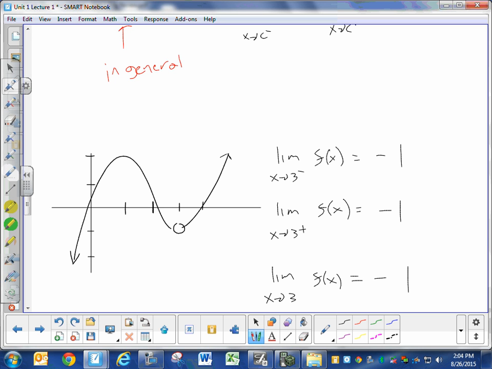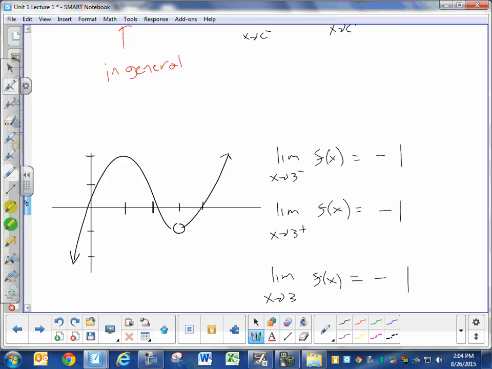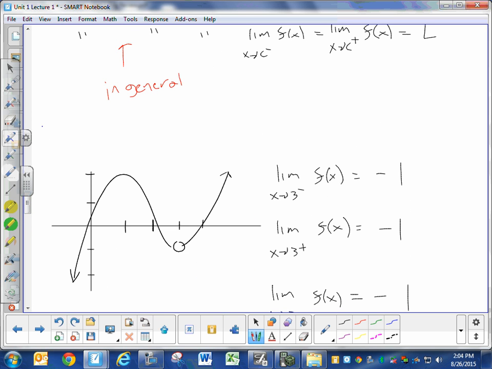So typically, limits exist for regular functions that don't have any crazy features, like holes or jumps or asymptotes. They'll just exist everywhere, and they are the function value. But we will be talking about certain cases when they're not. Okay, so maybe write a little note: limits typically exist and are equal to function values.